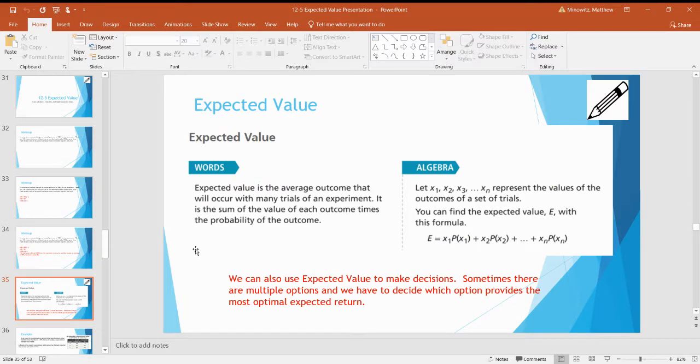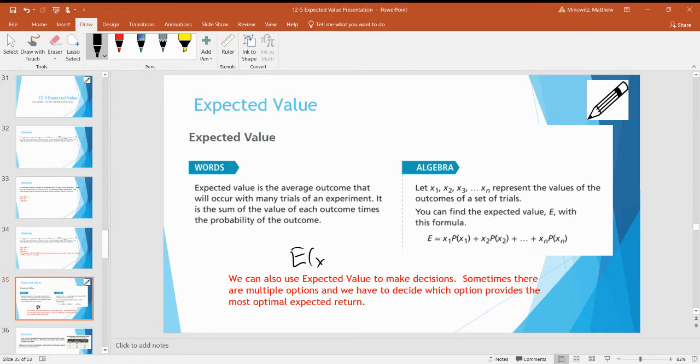So once again, expected value is the average outcome. In the last problem, we could have looked at it differently, and we could have said that they make $430 from 90% of their customers, or never mind, I take that back. They don't make $430.